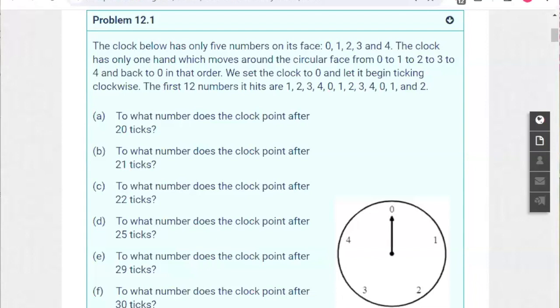If the number is divisible by 5 and there's a remainder of 4, it hits 4. If the number divides by 5 with a remainder of 3, it hits the 3. If the number is divisible by 5 and has a remainder of 2, it hits the 2, right?